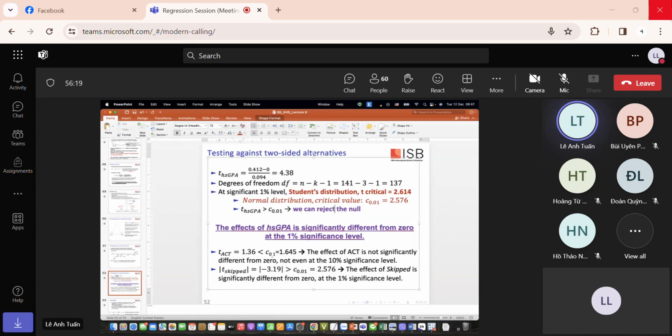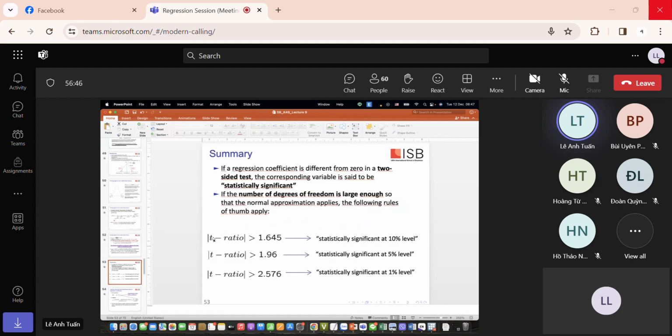That means the effect of high school GPA is statistically significant, or significantly different from zero, at the 1% significance level.